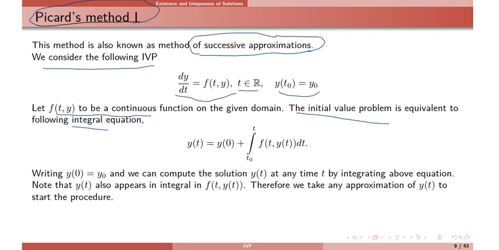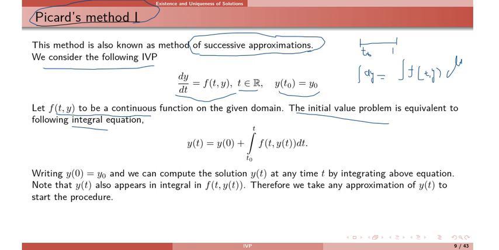Then the initial value problem can be written by integrating. How do you integrate? Left hand side will be dy, take dt to the right hand side: f(t, y) dt, and integrate from the starting point t naught to t.